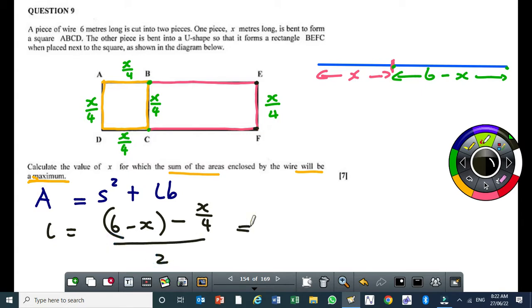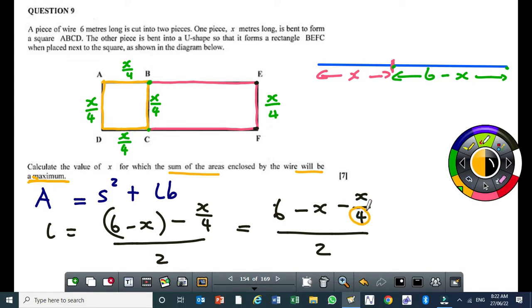Now this will require knowledge of algebra. So this becomes 6 minus x over 4, all over 2. But now we need to simplify it. To simplify it, I'm sure you can see that our numerator has a denominator here.